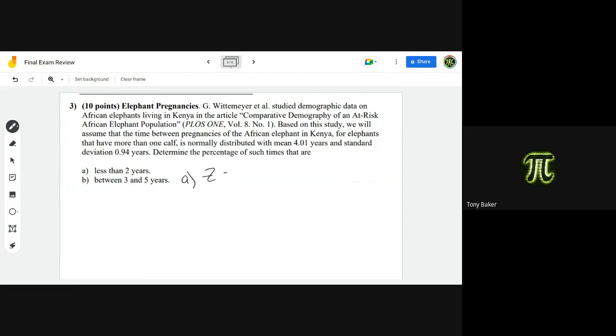So in this case, I'm going to do the 2 minus the 4.01 and then divided by the 0.94. So they gave me all that information, so I don't have to find that information.